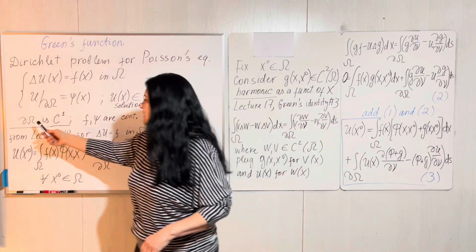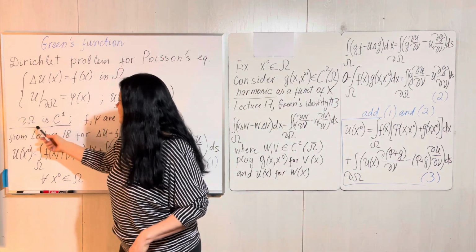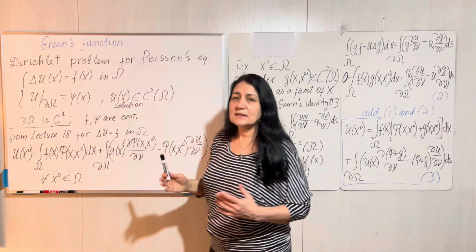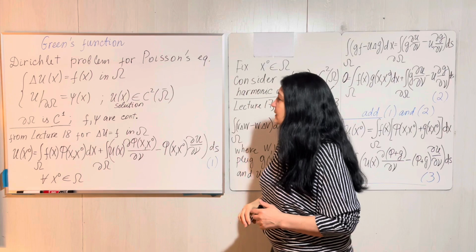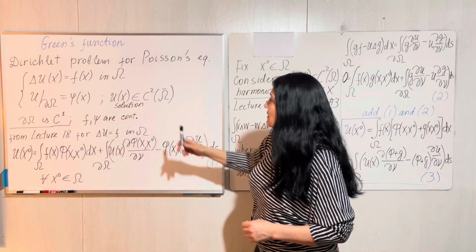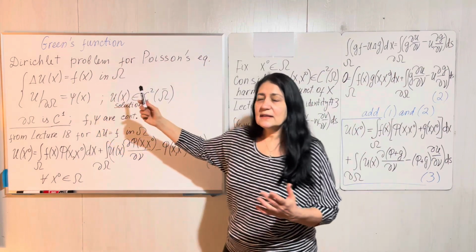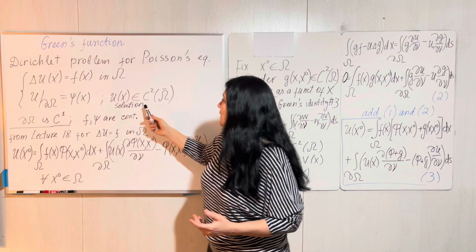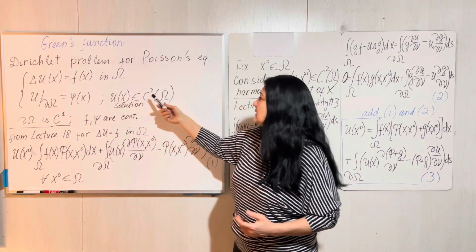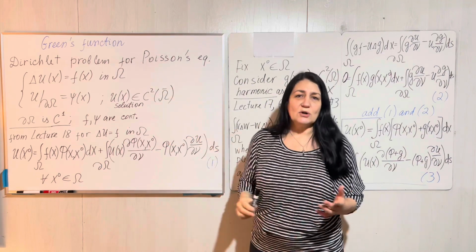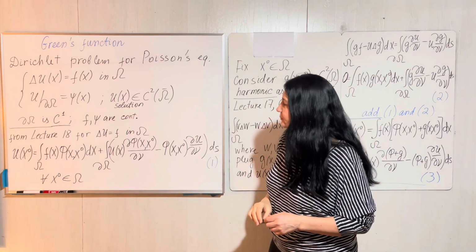For instance, we can say that the boundary is C1 and f and psi are continuous functions, and let's consider a solution u of x to this problem that is C2 in the closure of the domain omega.